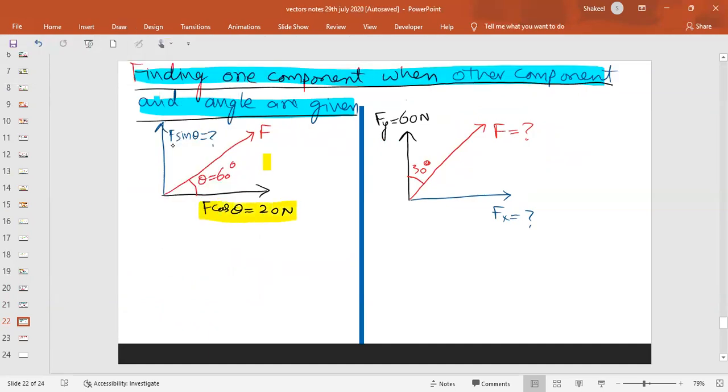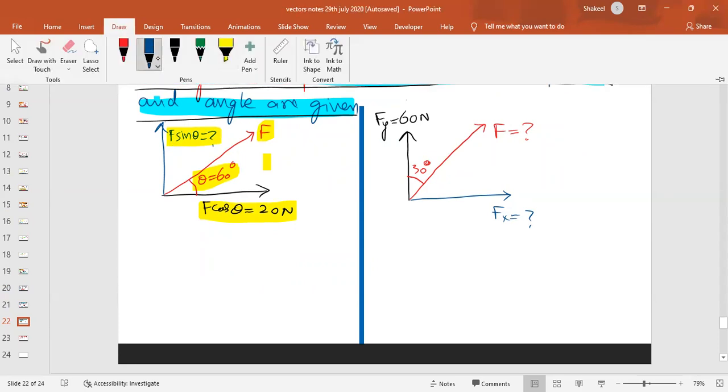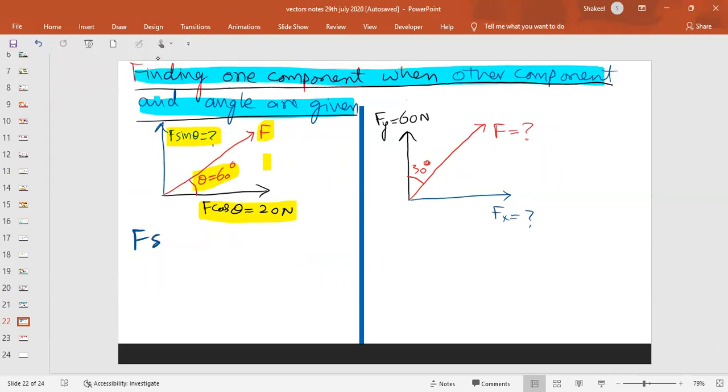Suppose F cos theta is 20, which is given, and the 60-degree angle of the resultant force is also given, and you have to find F sine theta. So how will you do that? Over here, for F sine theta, you don't know the value of F, but you know the value of the angle. So it means that you have to find the value of F. Like this is F cos theta is 20.